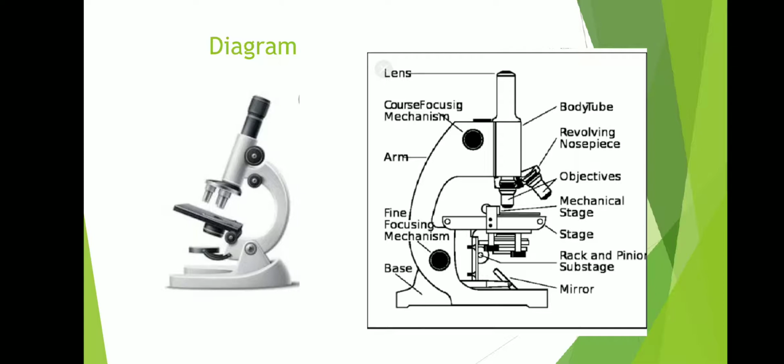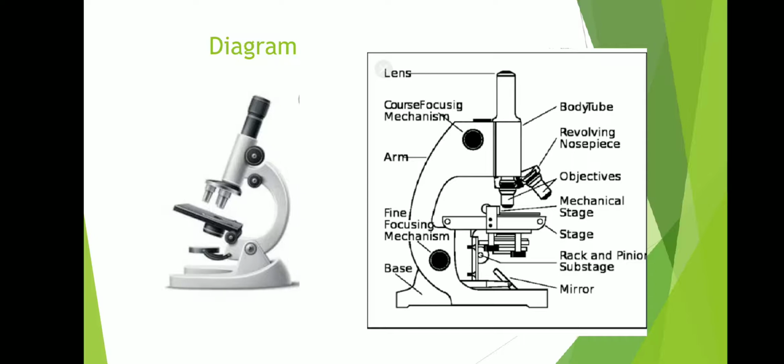Above this pillar, the arm is present, and at the end of the arm on the other side, the body tube is there. Above this body tube, the draw tube is present, and this draw tube holds the eyepiece lenses. Below this draw tube, the body tube holds the revolving nose piece.